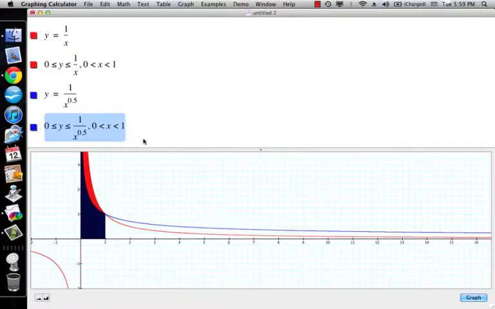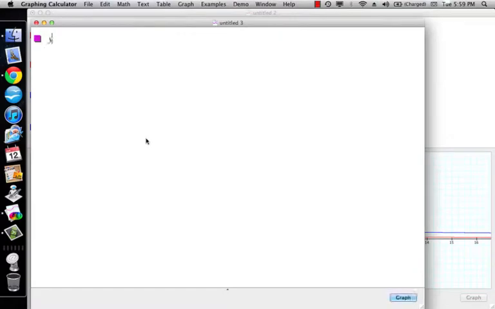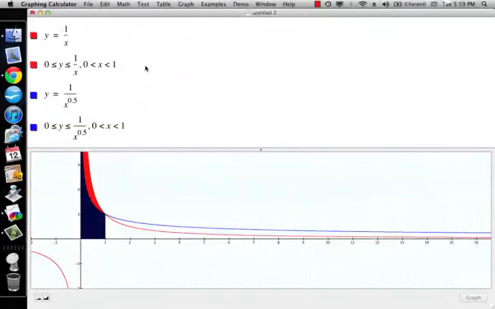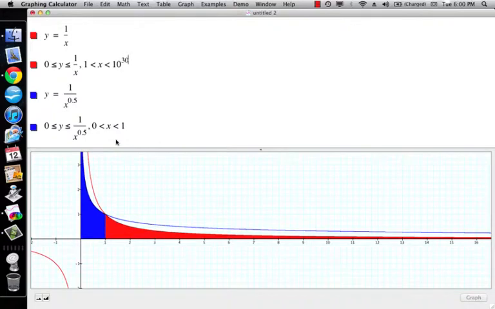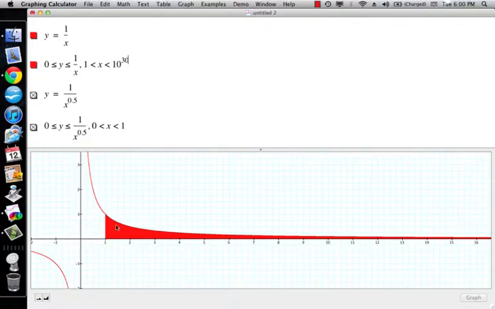But then let's look at it the other way. Let's look at y equals 1 over x, but let's go from 1 to 10 to the 30th. Now I want to figure out what this area is.